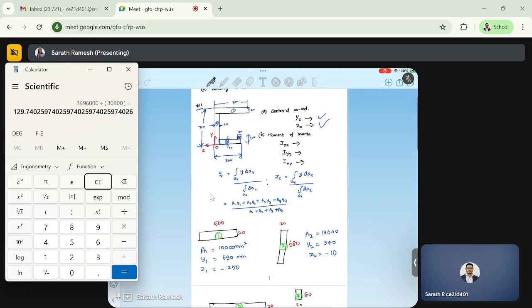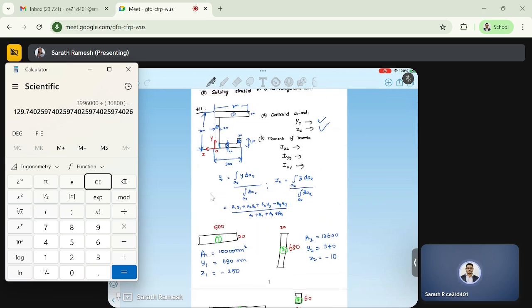IZZ first. So how will we find? We'll use something called the parallel axis theorem. So when the centroid of a cross section is away from the net centroid, the entire centroid, if it is shifted by a distance d, its moment of inertia about the original centroid will be equal to its local centroid moment of inertia plus area of that cross section times the distance square.